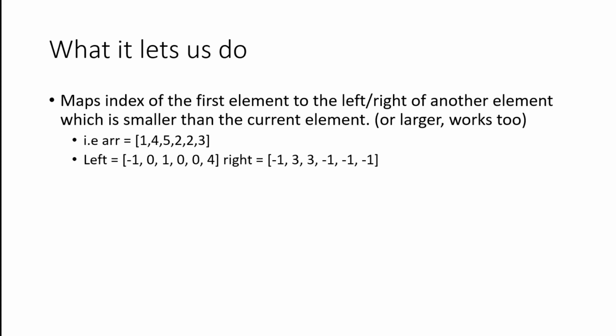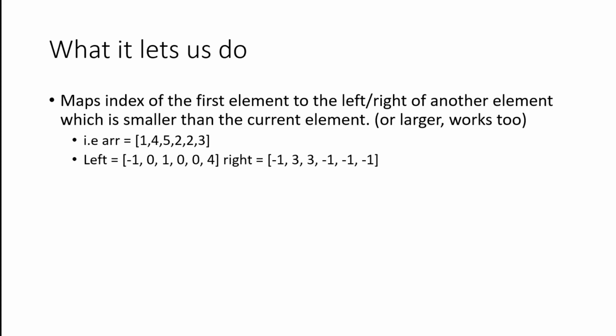Same thing with 5. We know that for 5, the index of the first number less than it is 1, because at index 1 there's a number 4 which is smaller than it, then 2 maps to 0 because that's the 1, etc., and a similar thing for the right.